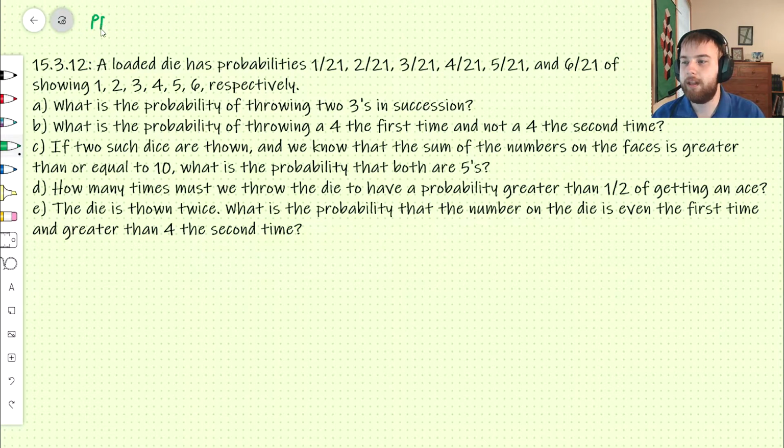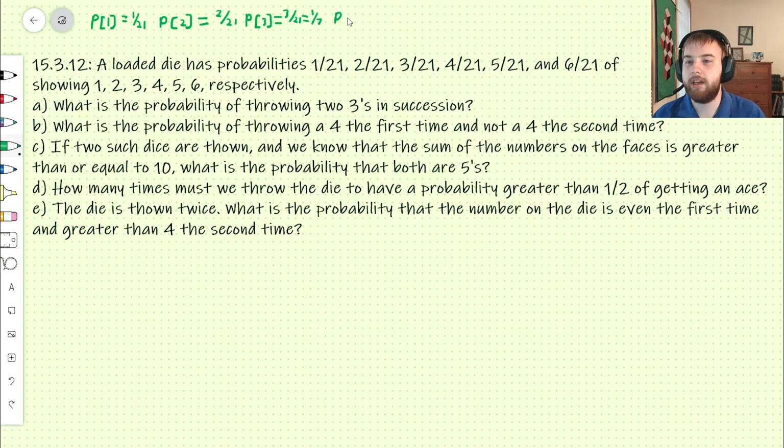The probability of it showing a 1 is equal to 1 out of 21. The probability of it showing a 2 is 2 over 21. The probability of it showing a 3 is 3 out of 21, which is equal to 1/7.